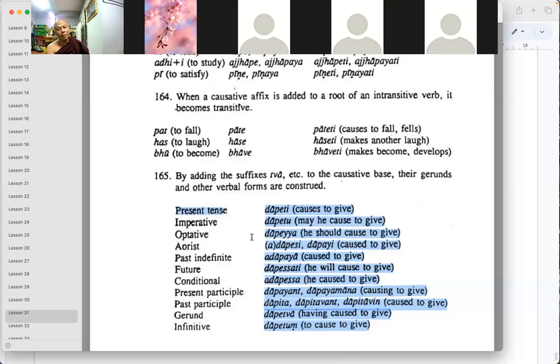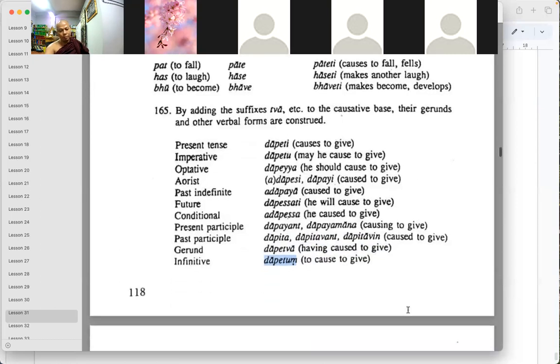And the present participle is W. So Dabayan or Dabaya man, present participle. And the past participle also, you see Dabita and Dabita went and Dabita way, and the Jaran Dabitawa, infinitive Dabito in this way. So all of those causative verbs can be formed with all of the tenses, all of the moods, and the gerund, infinitive, present participle, past participle, and so on.